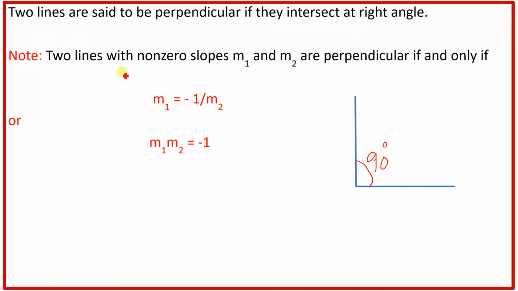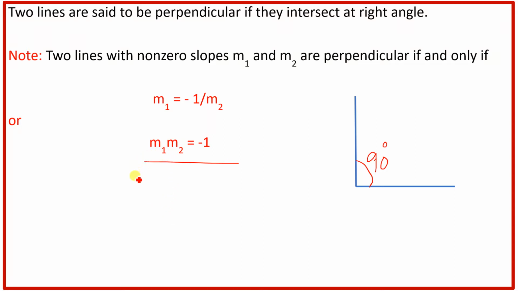Two lines with non-zero slopes m1 and m2 are perpendicular if and only if m1 is equal to negative 1 over m2. If we cross multiply, it will be m1 m2 is equal to negative 1. So what is the meaning of this theorem?